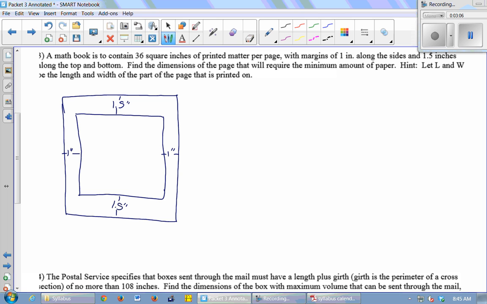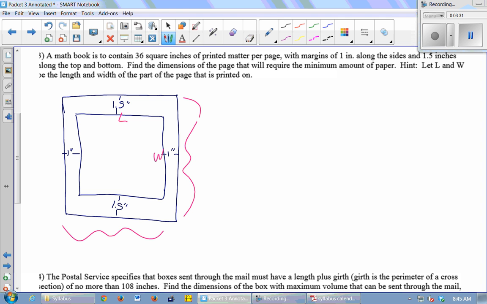So we'll have this be length and width. All right, and we are supposed to find the dimensions of the page. So that would be this length and this length, okay, dimensions of the page. That will minimize the amount of paper.